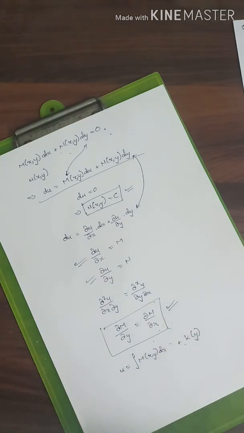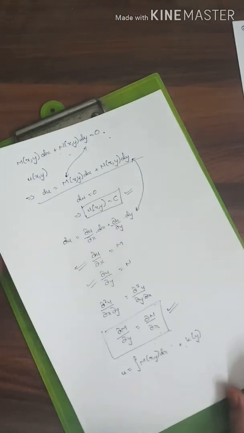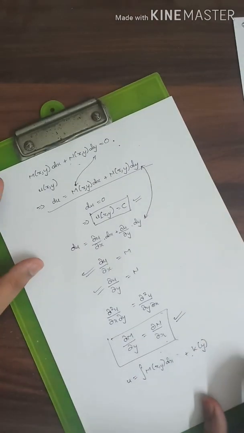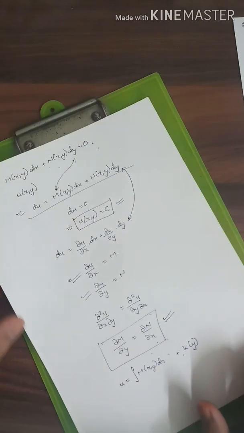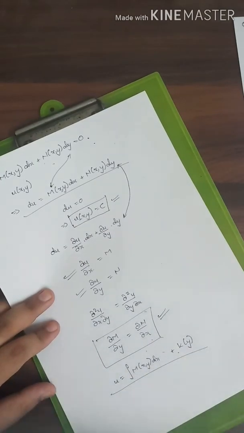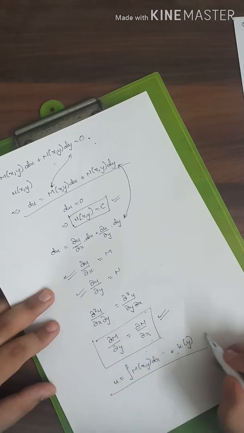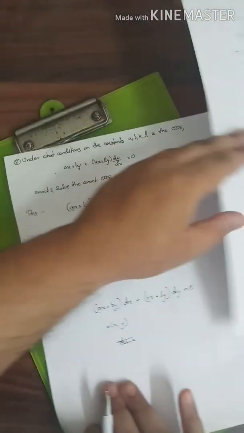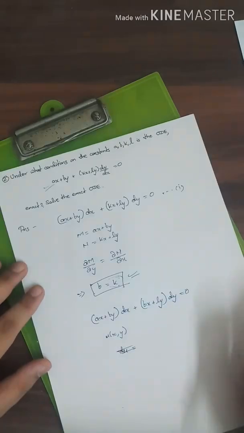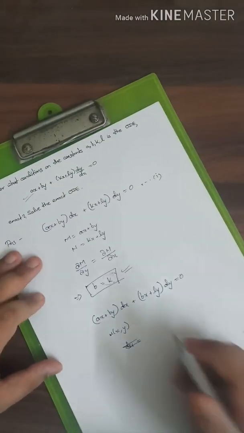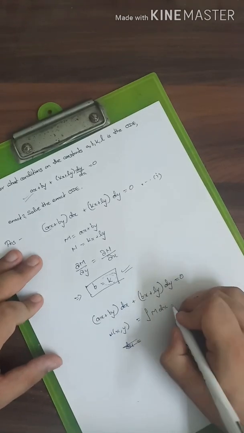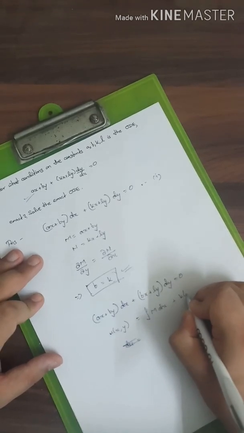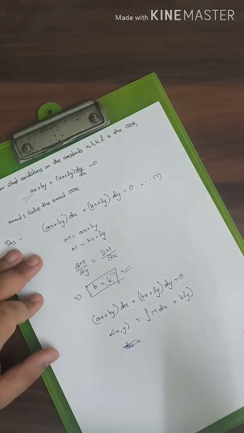So first thing first, what's the next step? What would be our next approach? First, let's find out the value of u from this approach. It would be the integral of M dx plus k(y), that is any function of y, could be a constant, could be pure y.